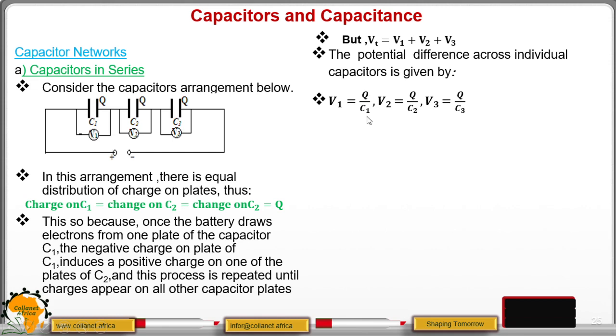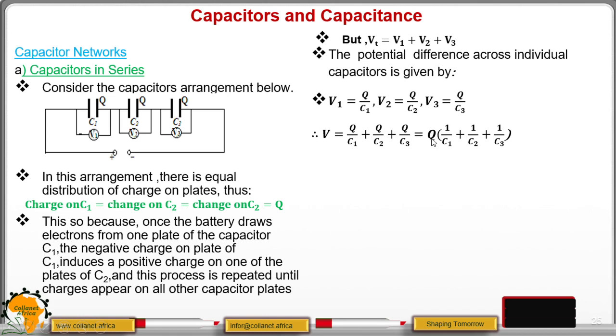So V1 will be Q over C1, V2 will be Q over C2, and V3 will be Q over C3. If we come back to this equation to get the total voltage V, we replace V1, V2, and V3 with these values. So V equals Q over C1 plus Q over C2 plus Q over C3. But now our Q is common.